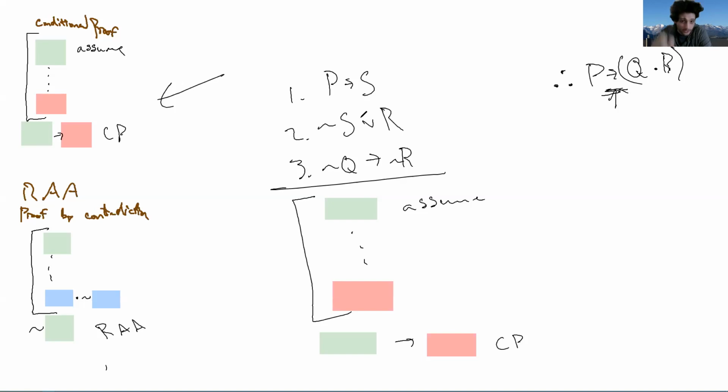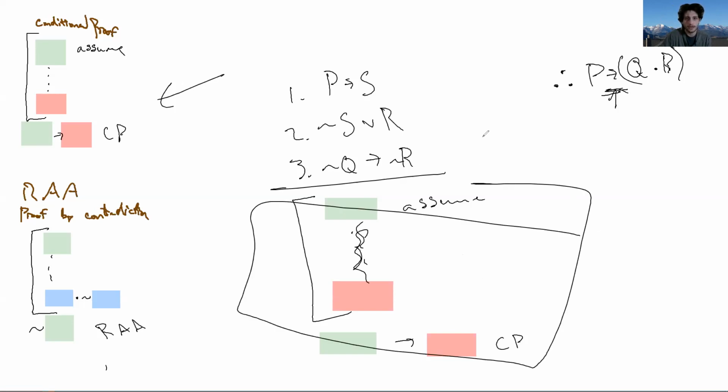Because if you don't feel comfortable just setting up that picture, then you should not even be trying to do the CP. Setting this up is doing the CP. That's all that it means to do a CP, is just to set this up. Everything in the middle, that's old school logic.